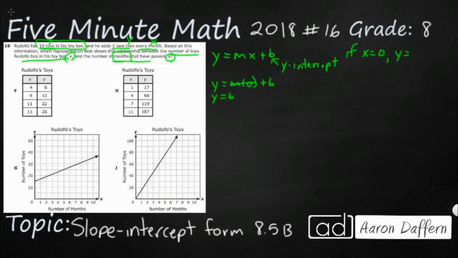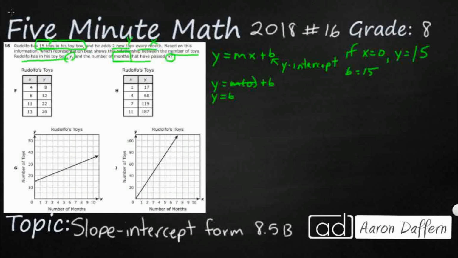So that should make you think, you know what? At the very beginning of this journey of adding toys, Rodolfo started with 15 toys, which means that is my y-intercept. Because if x is 0, at 0 months, he started with 15 toys. So I can say that b equals 15.